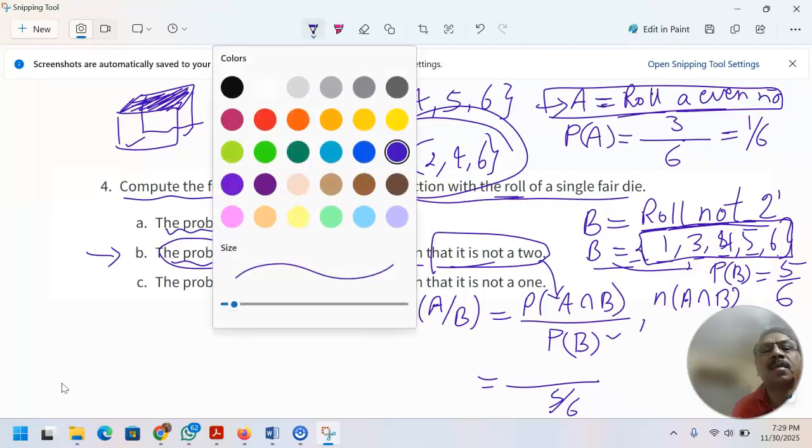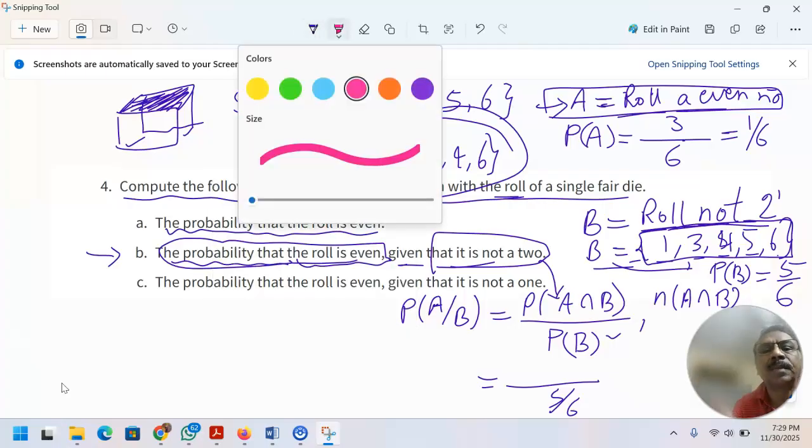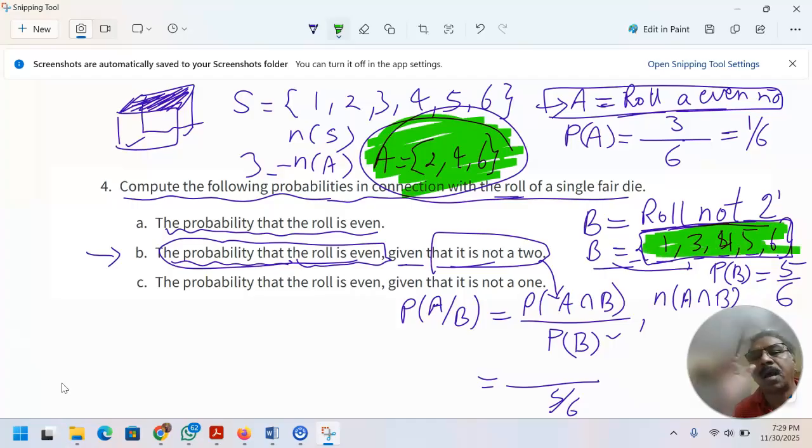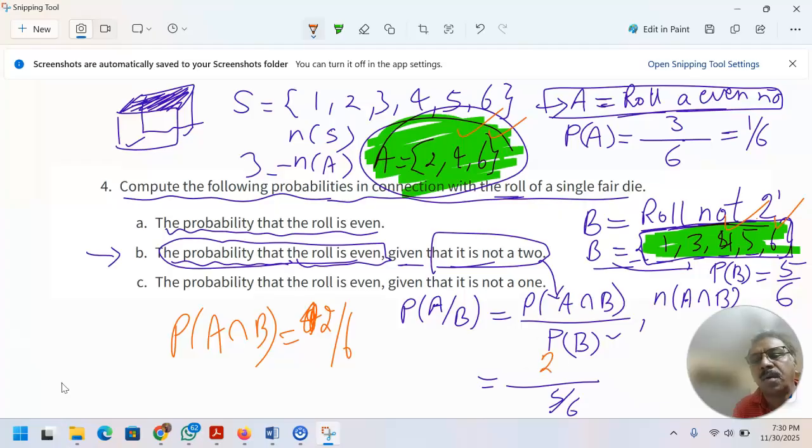In these two cases, what do you see common? 4 and 6. So there are two of them. So the probability of A and B is 2 out of 6.